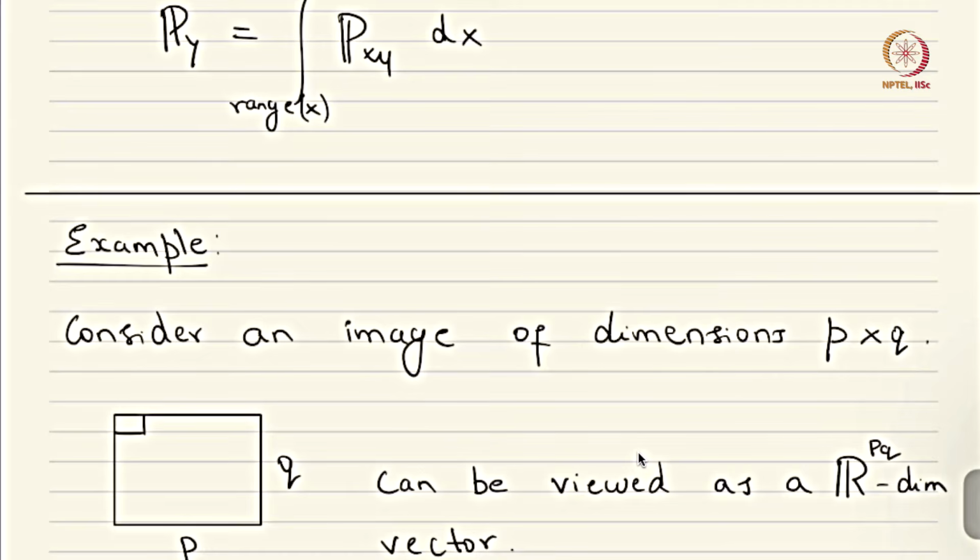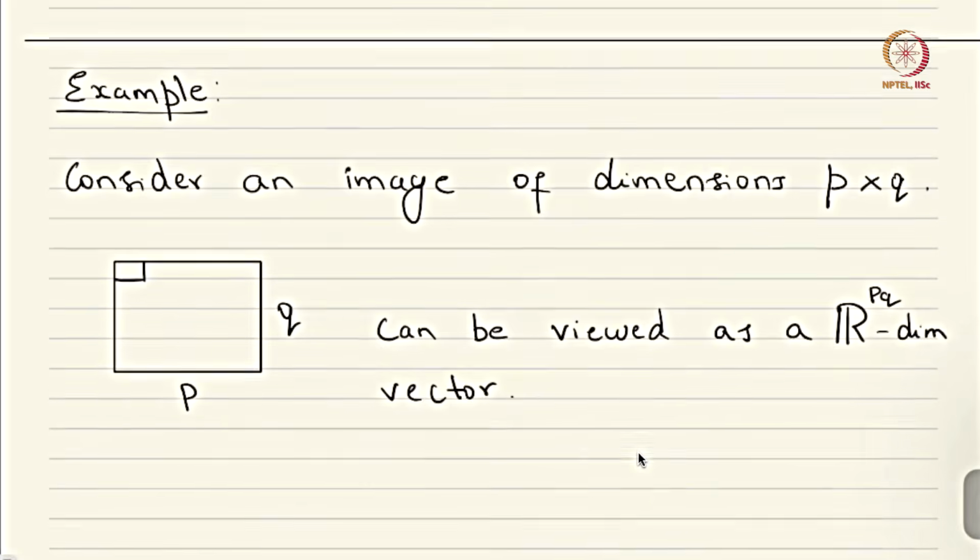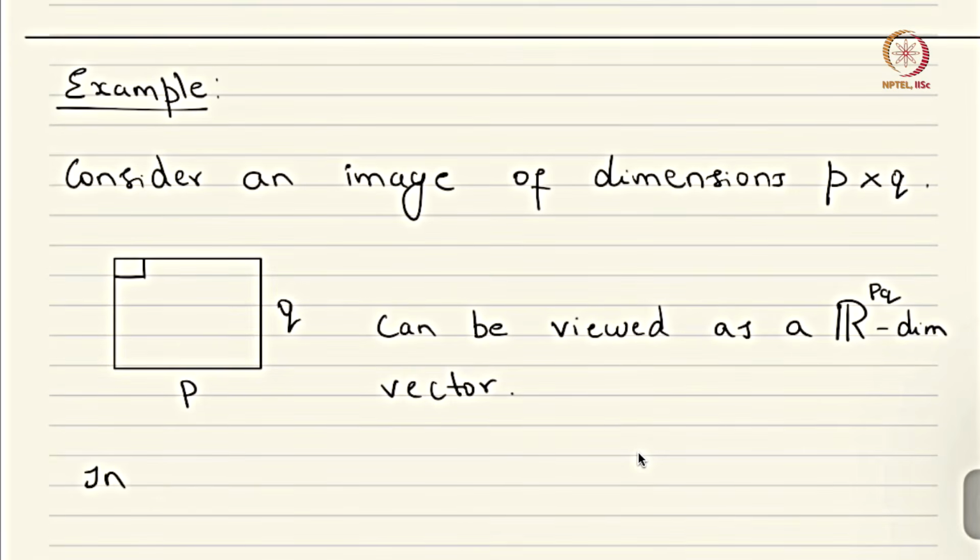If you stack all the rows of this image and make it a long vector, this is a vector in R^(pq) dimensions, and this pq is what we are calling D. In general, an image is a D dimensional vector. Make sense? In general, any data point is a D dimensional vector.